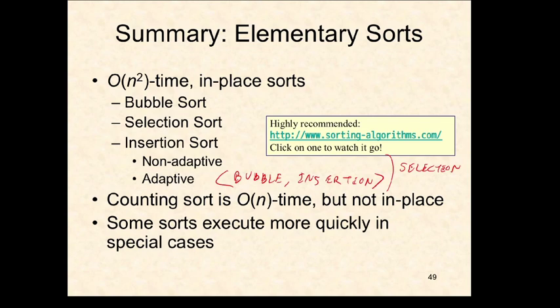Some sorts execute more quickly in special cases. There's a link there, you can play with that later. It lets you look at different cases, different orderings, best, worst, average, etc. And you can make them run all at once, see which one ends first.